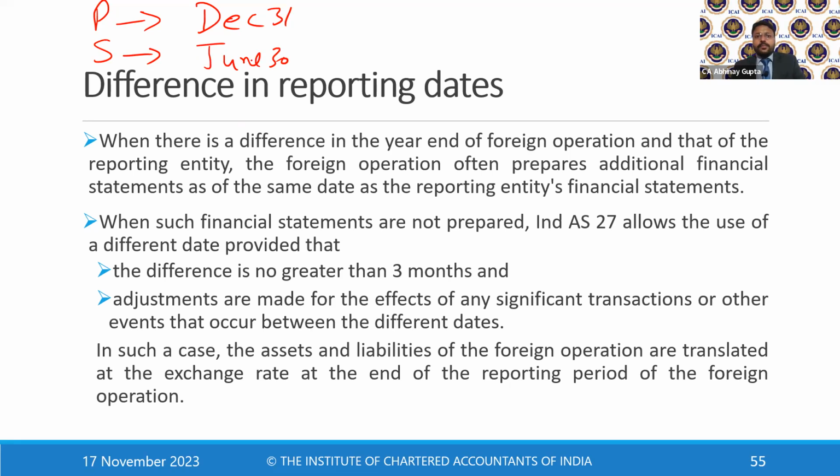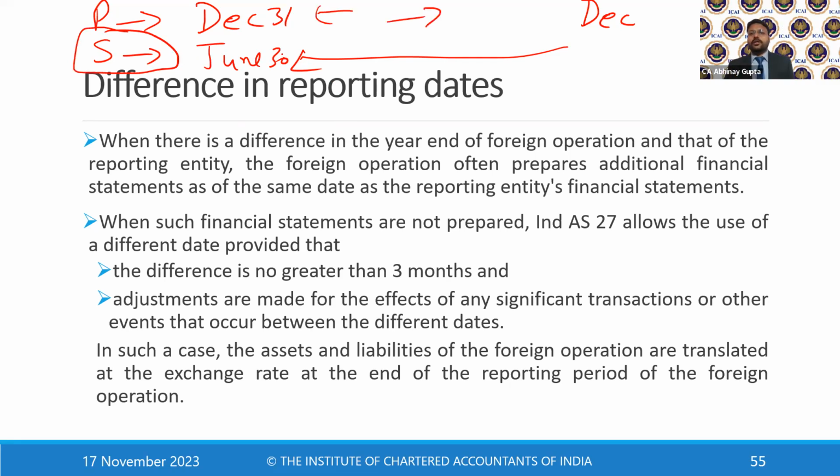Then can the parent company prepare a consolidated financial statement for December using the June financials? No. So either the subsidiary company has to prepare another set of financial statements for December to make it consolidation fit, or something else needs to be devised, because two different dates' financial statements cannot be consolidated. Now, what are the rules or relaxations around this?